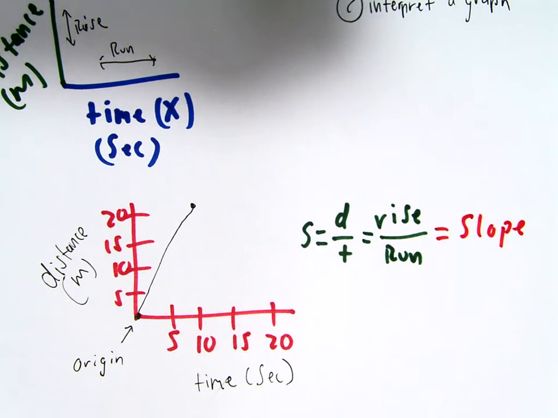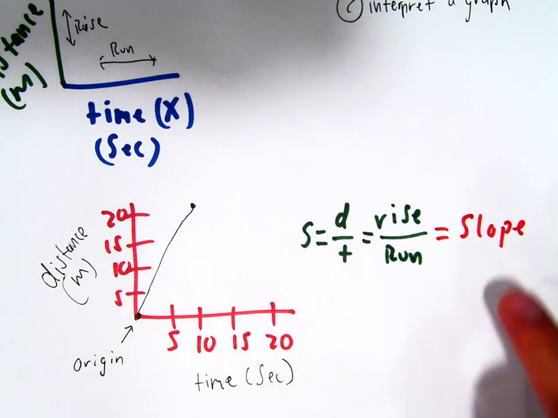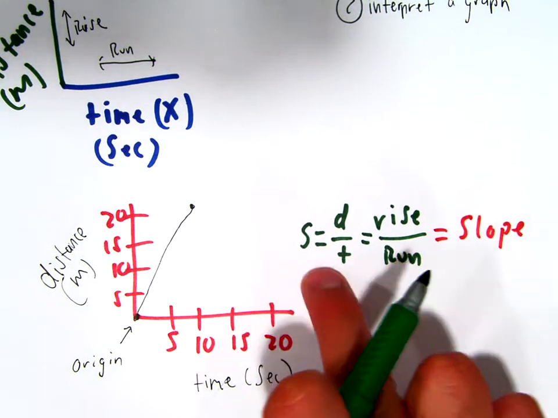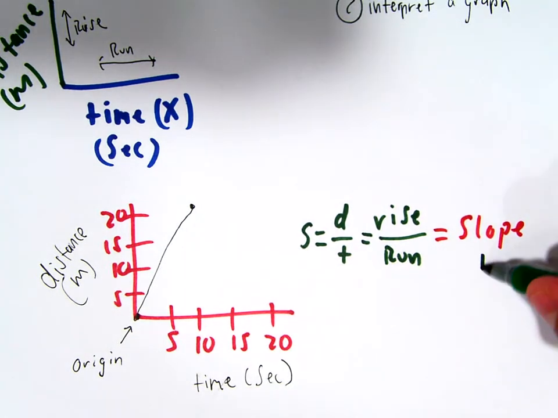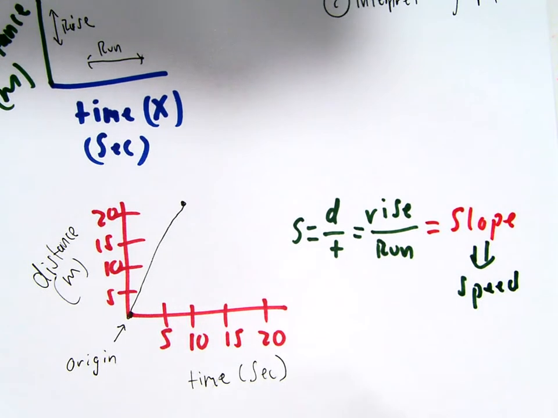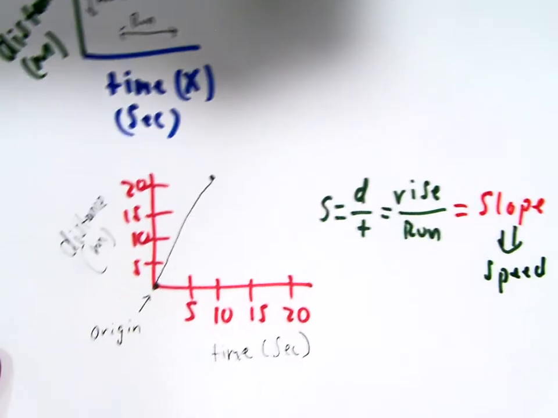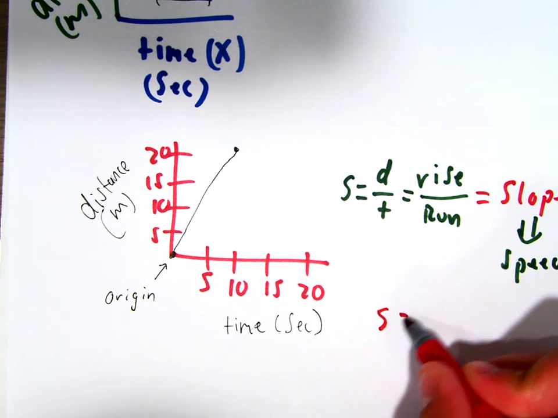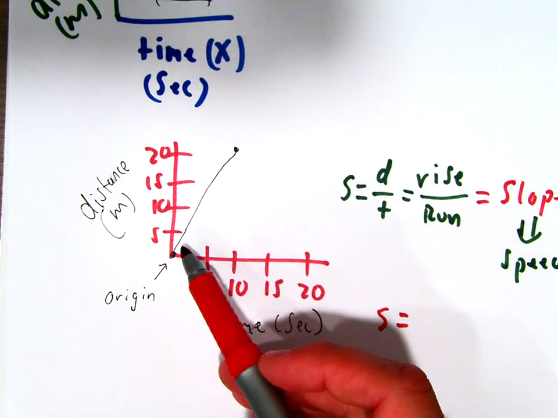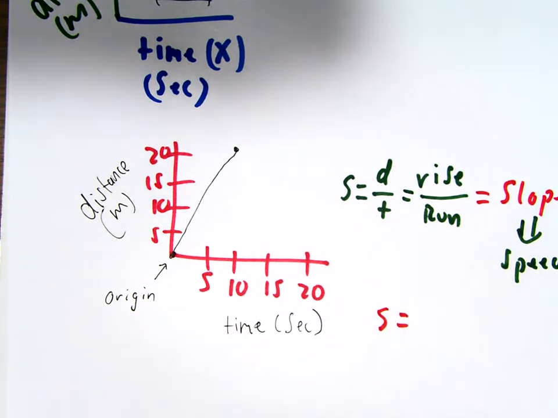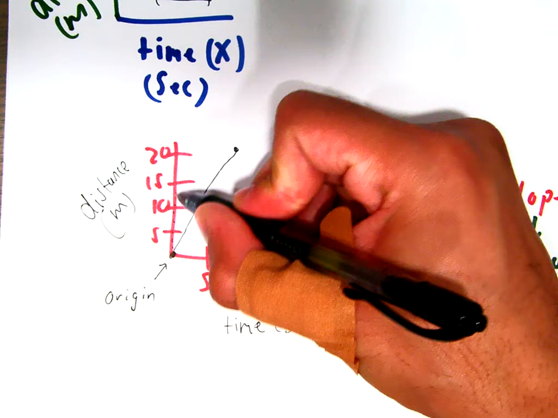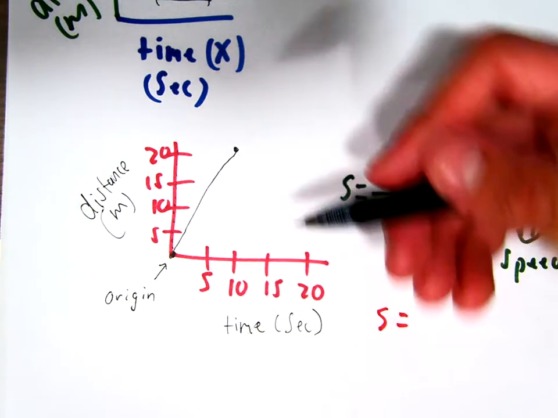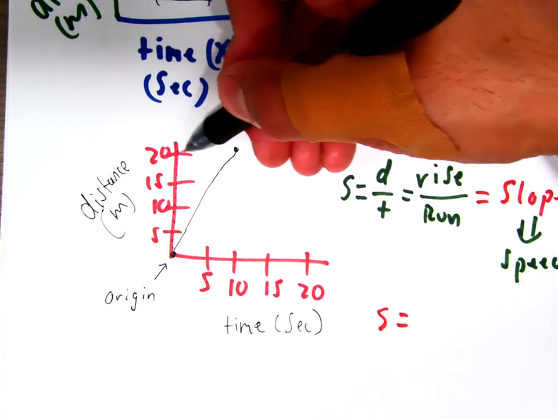Most of you have probably seen this. So in other words, speed equals slope. They're equal to each other. If I know my slope, then I know my speed. So let's do it for this problem. I know that I rose from start to finish. I rose 20, right? And the run was 10.